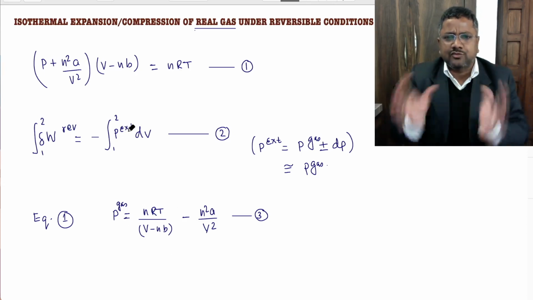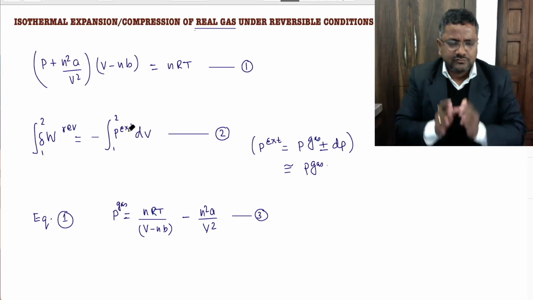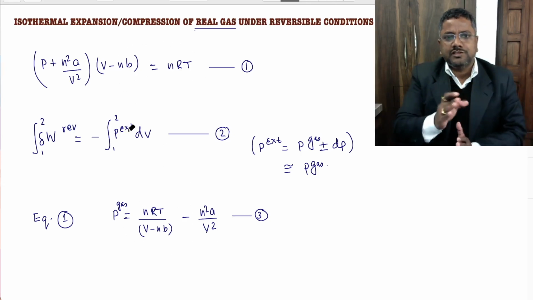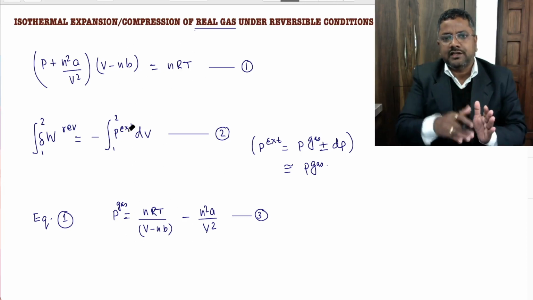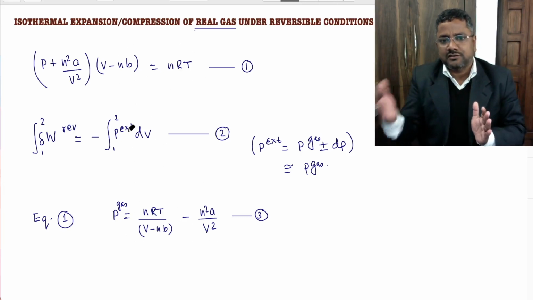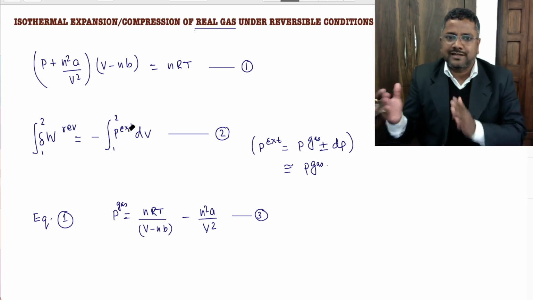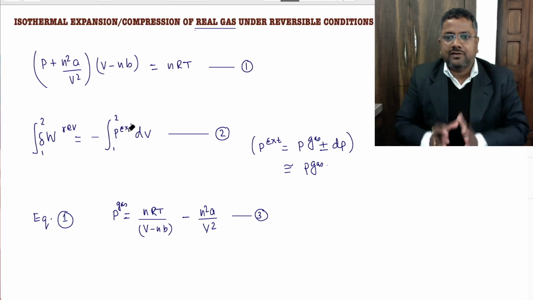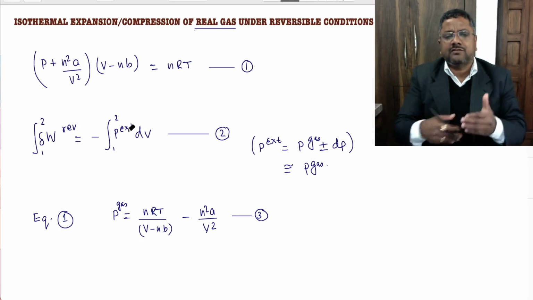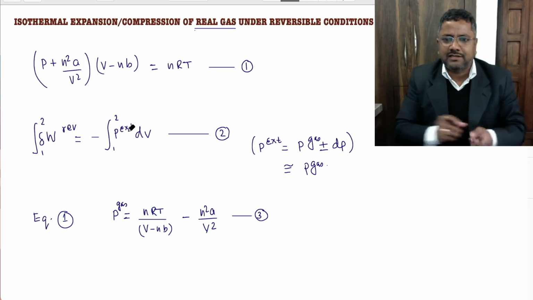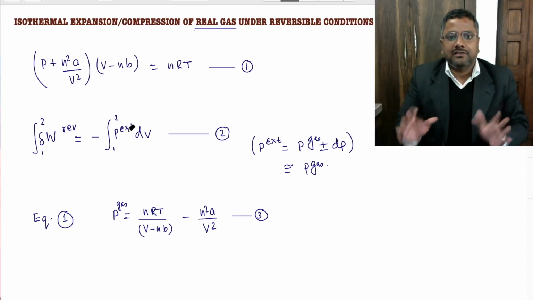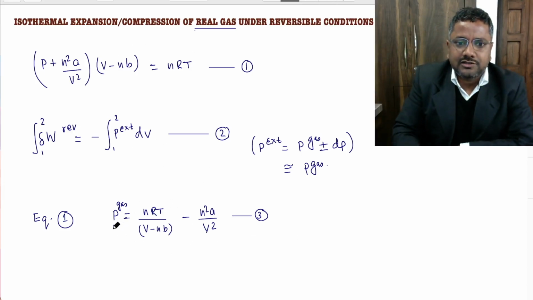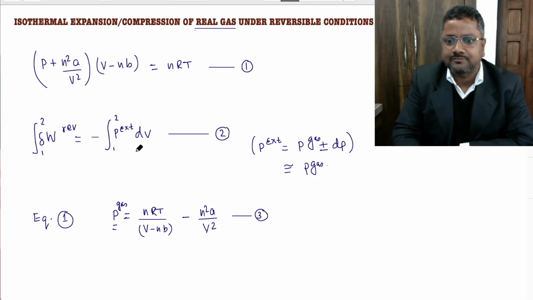Whatever equation, any hypothetical equation is given, you just rearrange it, keep the pressure on the left hand side, transfer all other terms to the right hand side, and get the formula for P gas. If required, you can divide or multiply the equation. Then you put this P gas here and integrate to get the formula, right?